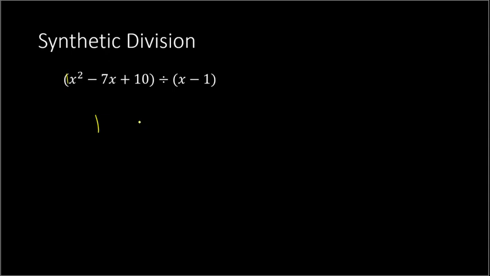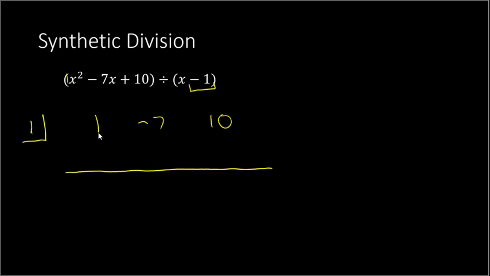We take the 1, negative 7, and 10, and we write it right here. And then whatever this number is with the x, we take the opposite of that. So if it's a negative 1, we're going to put a positive 1 over here. We kind of section it off like this, and then we can draw a line down here, leaving a space in between this row and the line.